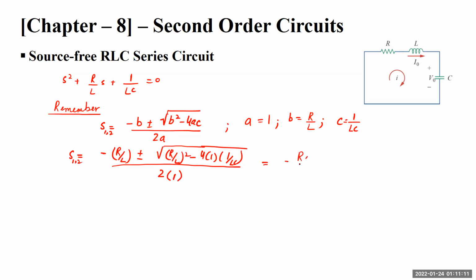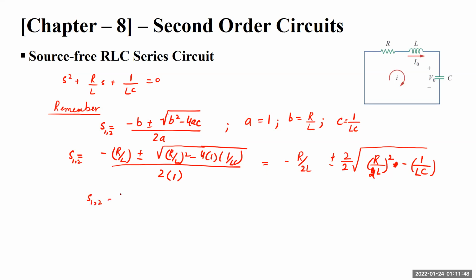we are left with R by 2L. So this 2 comes here, plus or minus the square root. You just take 4 common, and when you take the square root outside, it becomes 2. So 2 is outside, and inside is R divided by 4L, minus 1 by LC. So we multiply and divide by 4; we have just taken 4 common from here. So what are we left with?